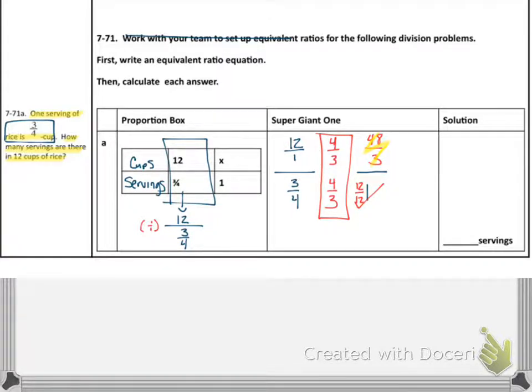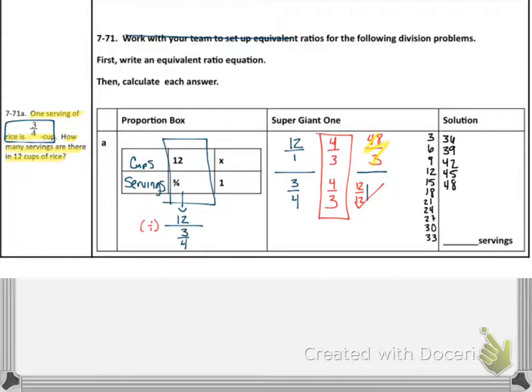If we were to count groups of 3, we would have 3, 6, 9, 12, 15, 18, 21, 24, 27, 30, 33, 36, 39, 42, 45, and finally 48.